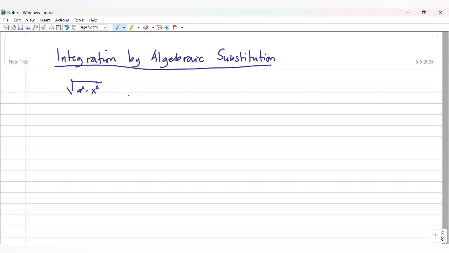Take note of that. The form square root of a squared plus x squared. And of course, the other one is the square root of x squared minus a squared, where a is a constant and that should be greater than 0.